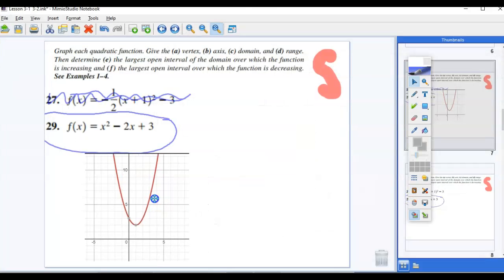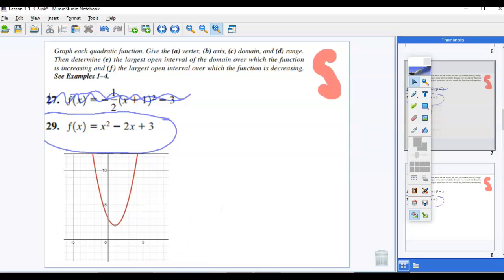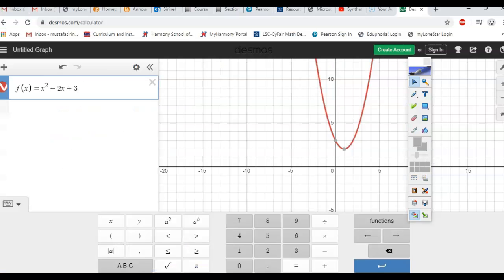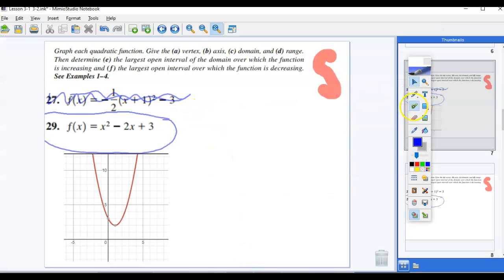Let me put it over here. One more time, my vertex was the curving point, the bottom point you see here. So it's going to be 1 and 2. Write them here. Vertex should be 1 and 2. Also, we can see on the graph as well, like 1 goes to 2, folks.